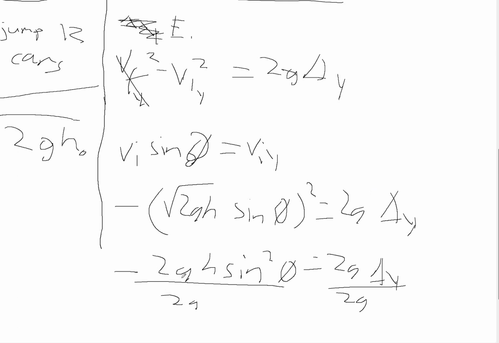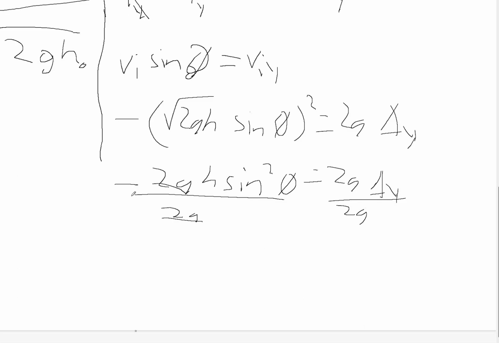So we can cancel this 2g with this 2g, and then we can also cancel that negative. So 2g divided by 2g, then we're left with h sine squared theta is equal to delta y, which is equal to h max.